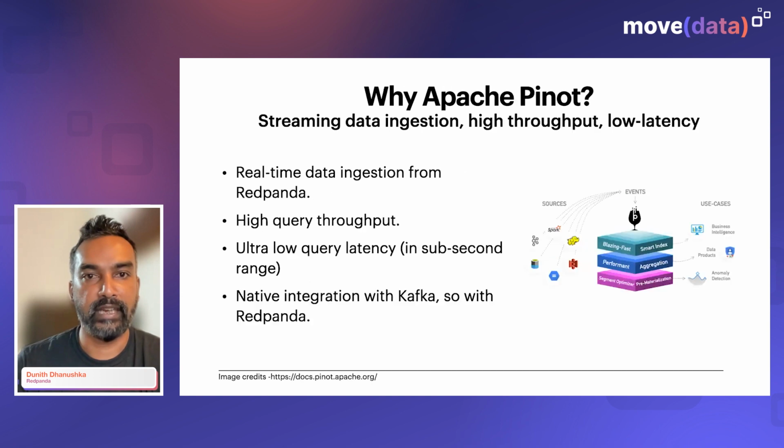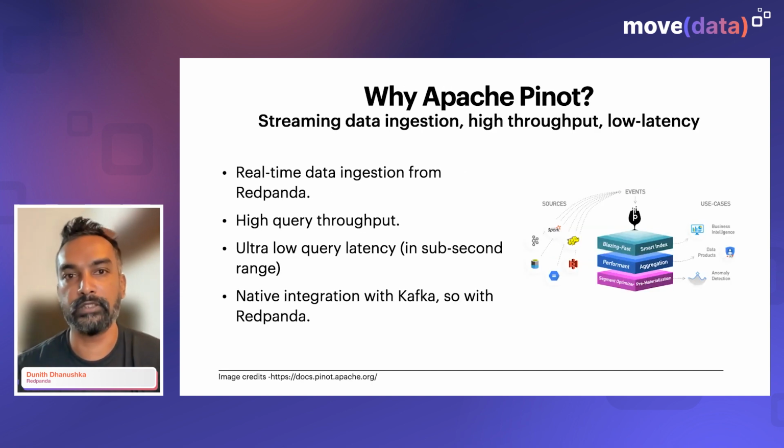And then finally, we have Apache Pinot, which is a real-time OLAP database, also a streaming database as well. That means Apache Pinot can be configured to consume data from Kafka. So we can also configure Pinot to ingest from Redpanda here.